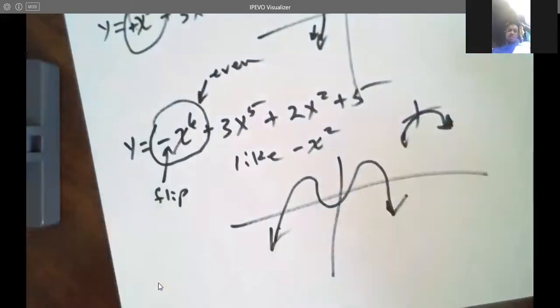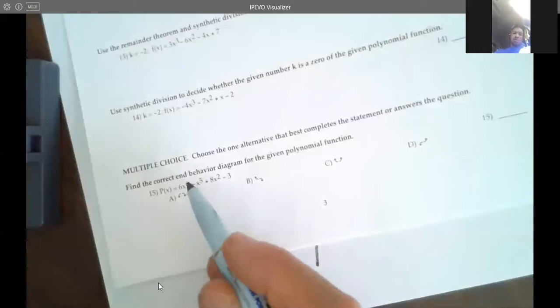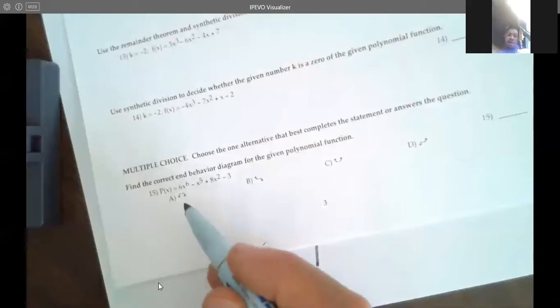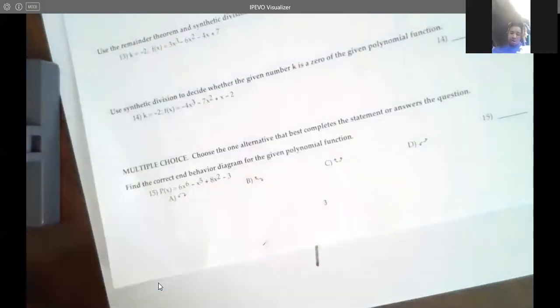Having said that, you look at the leading term, 6x to the 6th. That number doesn't mean anything, but the sign does. If it's positive, x to the 6th is going to behave like a positive x squared.